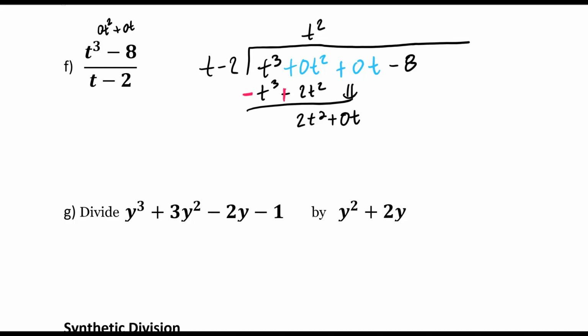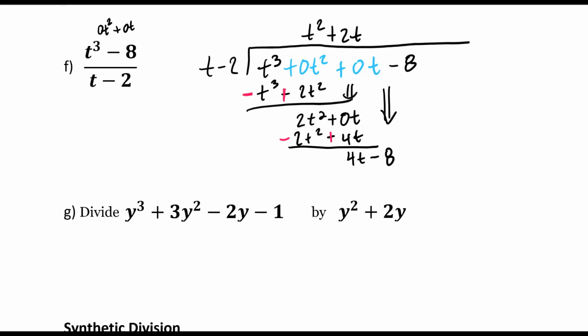And start over. T times what is 2t squared? 2t. 2t times t minus 2 is 2t squared minus 4t. And we're going to change our signs. Minus plus. We have 4t and we bring down the next term, negative 8. And we start over.